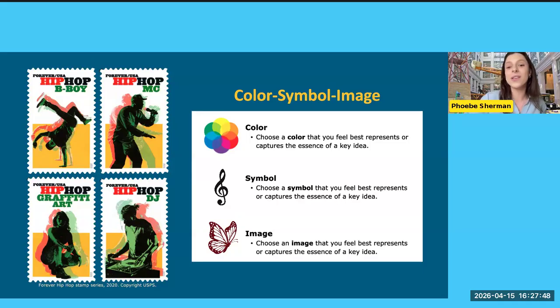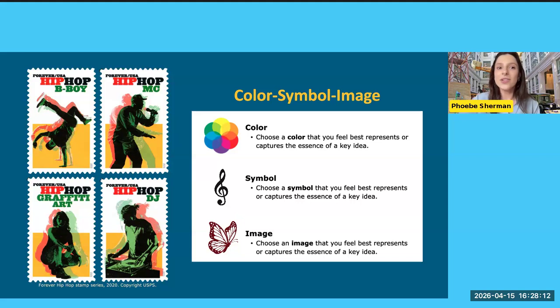Let's use this other thinking routine. This thinking routine is the color, symbol, image thinking routine. And I'd like to invite you to share, taking a look at these stamps here: what is a color that you feel best represents these stamps? What's a symbol that they make you think of?